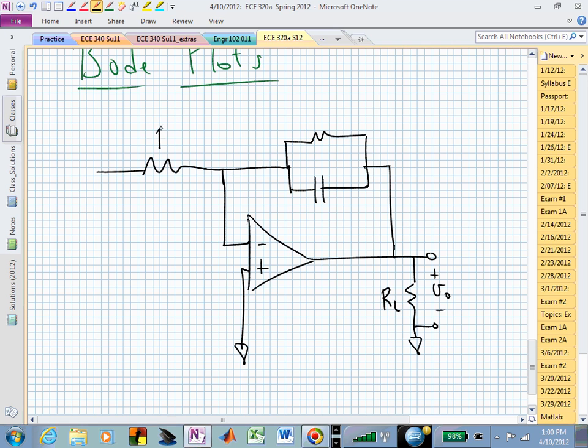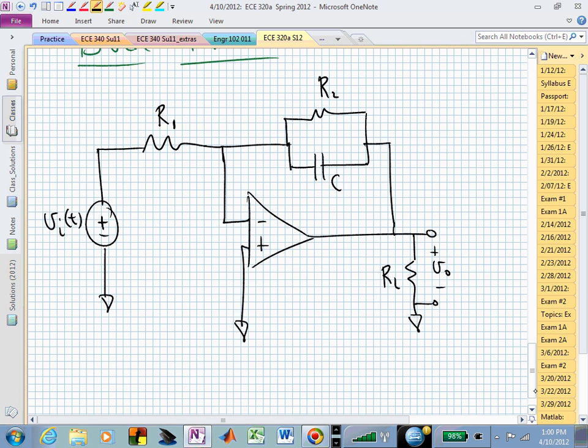This resistor in the input direction is R sub 1, the feedback resistor is R sub 2, and a capacitor, and here is then our input signal V sub i. What I want to do is find the transfer function for that circuit and then sketch its frequency response.